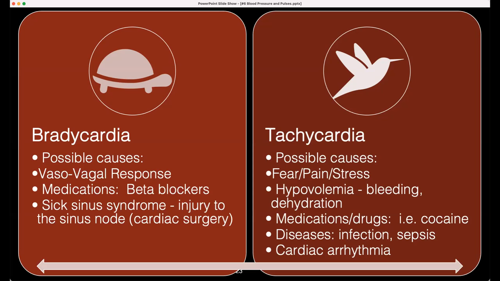Medications can cause tachycardia. One common drug is cocaine. Diseases, infections, sepsis will cause a tachycardia, and a cardiac arrhythmia like ventricular tachycardia, atrial flutter, AFib. All of those things can cause a cardiac arrhythmia that causes a rapid heart rate.